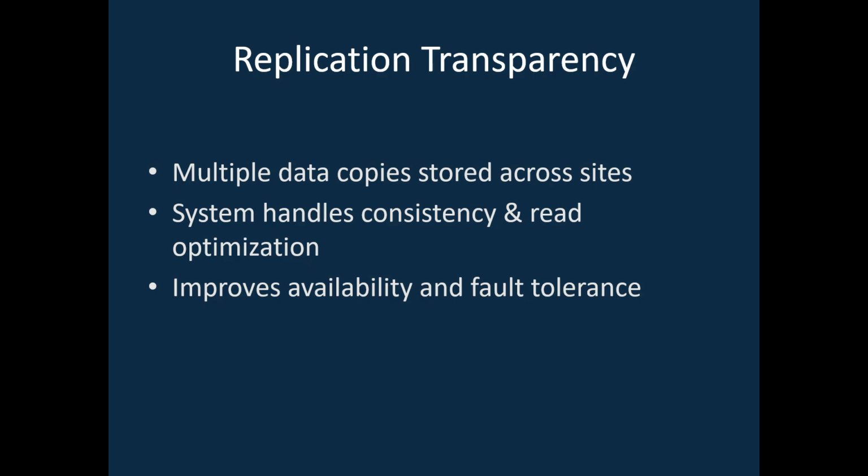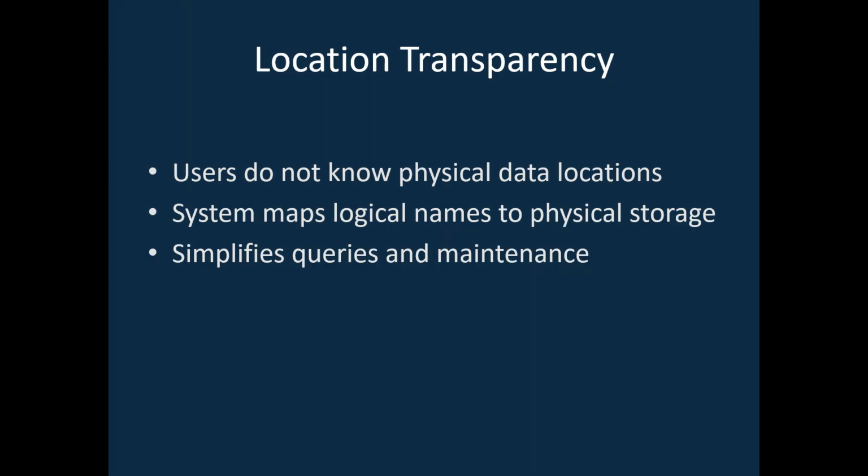The main advantages are improved fault tolerance, faster read performance, and high availability. Even if one node fails, we still have the data in the other nodes, so the data stays available. So these are for replication transparency.